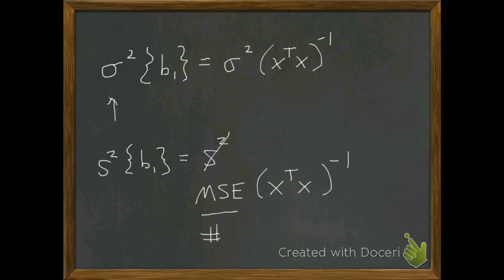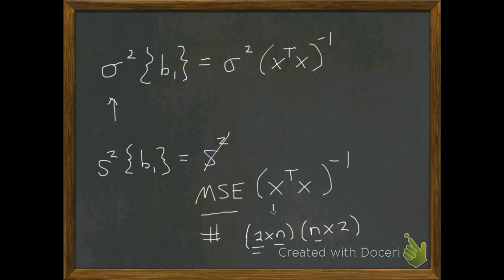And X transpose, when we have two predictors, is going to be a 2 by n. And X is going to be an n by 2. And applying the inverse just doesn't affect what the product is going to be. So we have an n by n.